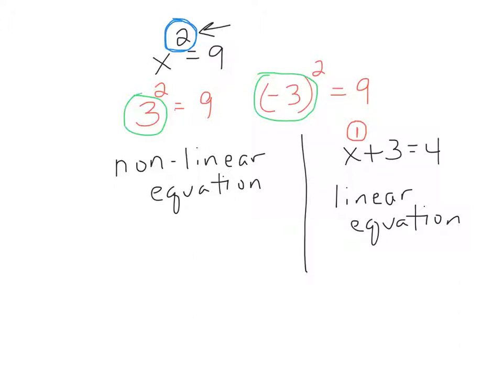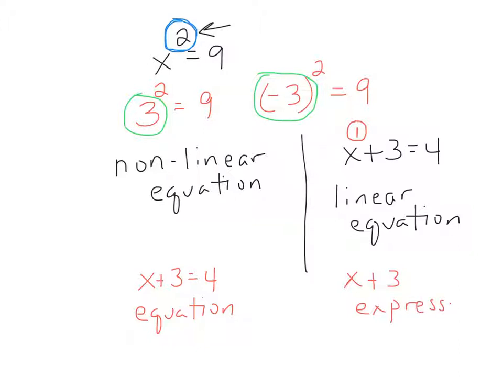Speaking of equations, remember that in order to be an equation, you need values on each side of the equal sign. So when you have x plus 3 is equal to 4, that is an equation, and as I said, that is a linear equation. If you just have something like x plus 3, but there is no equal sign there, that's not an equation, that is just called an expression.